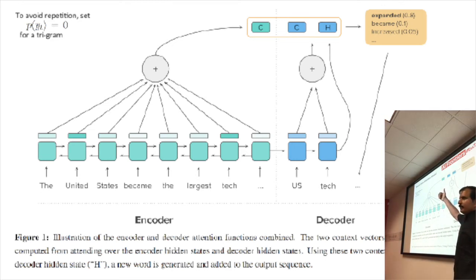The context vector of the encoder, the context vector of the decoder and the hidden state of the decoder at timestamp t, all three vectors are being considered to identify the probability of the next word, whether it is expanded or became or increased, whatever it is, and the numbers right next to this are the probabilities of what should go next.